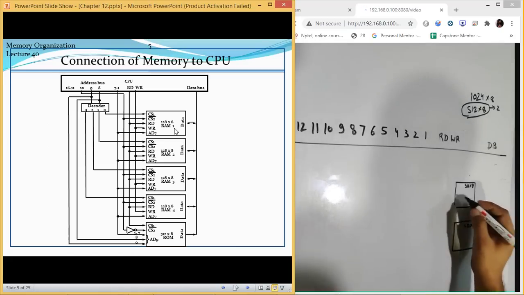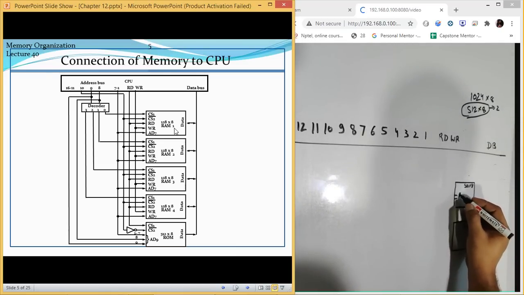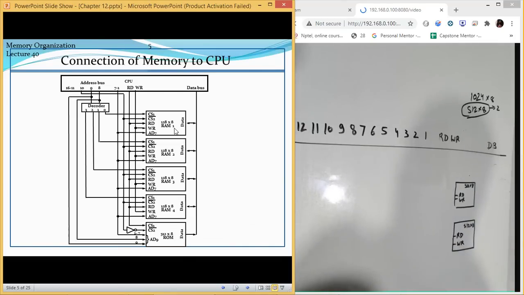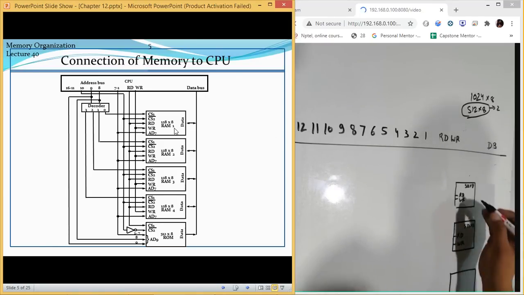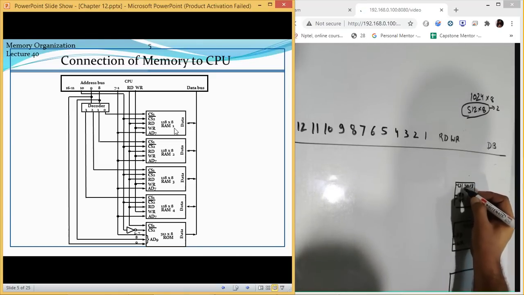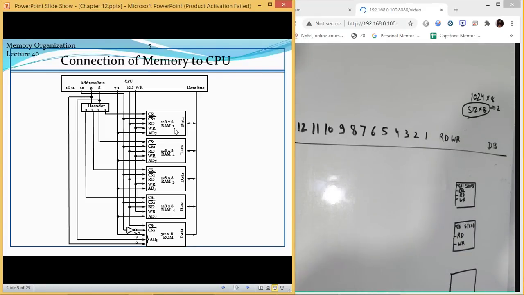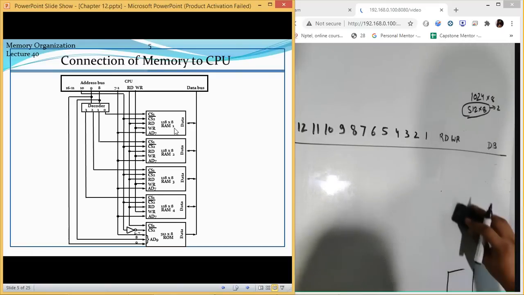So what do we have in this? We have read line RD, we have write line. Then we are also having a ROM chip with 1024 into 8. And in this we are having CS1, CS2 bar, CS1. Let me make it a little bit larger so that you can see it easily.